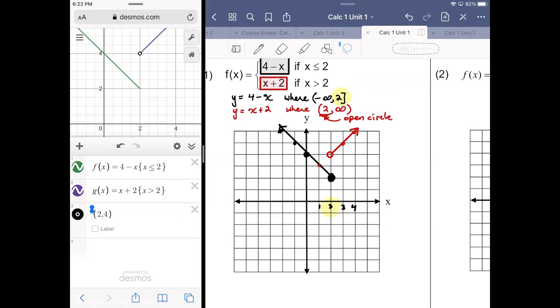The endpoint I made for the black line, that closed circle, you don't have to really plot that. I only put that there to accentuate the difference between the open and the closed circle. It's assumed that if you are not ending at an arrow or an open circle, then it's automatically a closed circle, right?